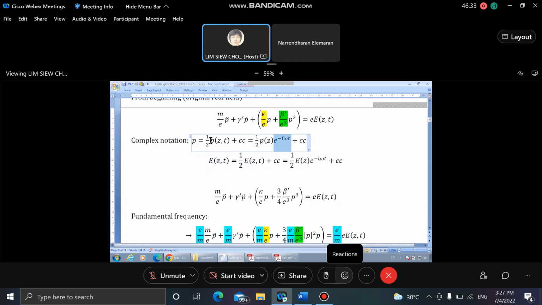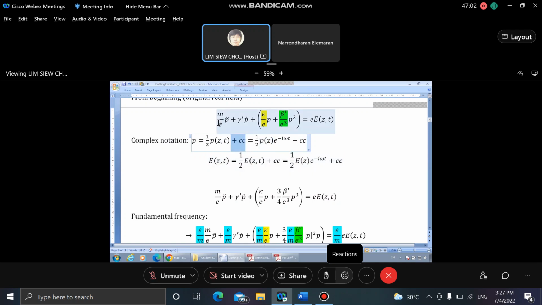Usually we don't want to change it, but it should be a new symbol. This P and this P should not be the same, because this simply depends on Z, but this depends on Z and T. Better I call this one some other symbol, but to make my life easy, I call it the same thing. So understand this. And of course, you must have the plus CC.